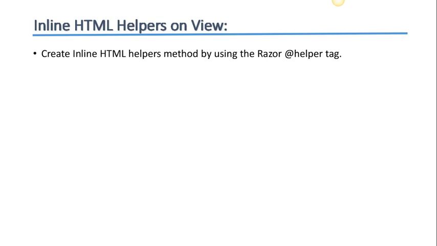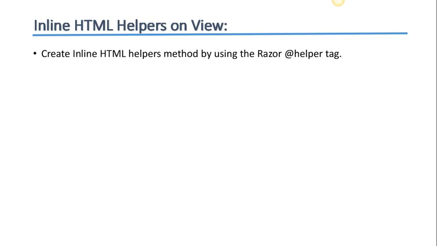It's just like inline CSS inside a view: we can create inline CSS, and that inline CSS we can only use within the same view or the same HTML page. We cannot use the inline CSS in a different view or different HTML page.